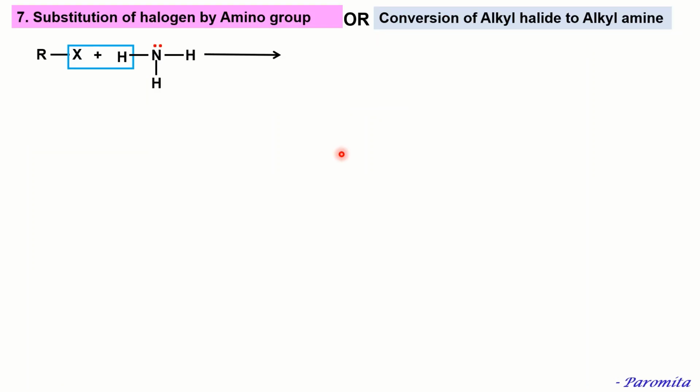Let us discuss the substitution of halogen by amino group, or conversion of alkyl halide to alkyl amines. This alkyl halide, when treated with ethanolic solution of ammonia and heated under pressure in a sealed tube at 373 Kelvin, yields primary amine plus HX.